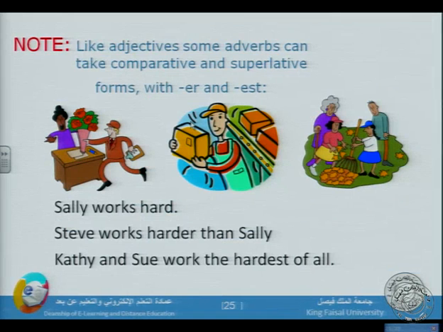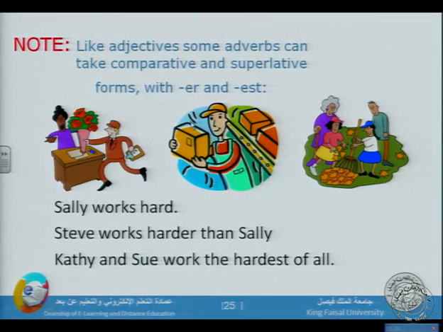Now, like adjectives, some adverbs can take comparative and superlative forms with ER and EST. احنا تحدثنا في البداية عن صفات، بينما الآن سنتحدث عن ظروف. مثل ما هي الصفات لها الإمكانية في أن تكون comparative و superlative، أيضا الظروف قد تكون comparative and superlative. خلينا نشوف هذه الأمثلة.